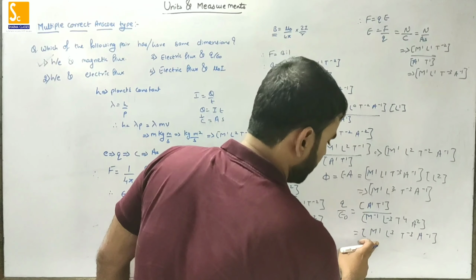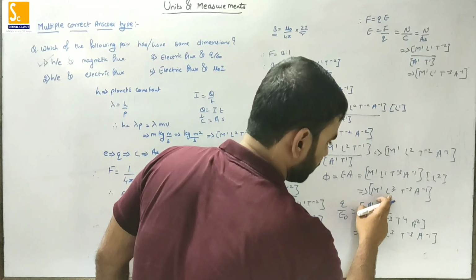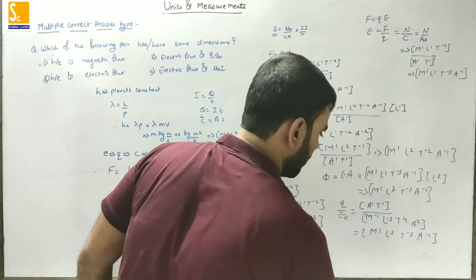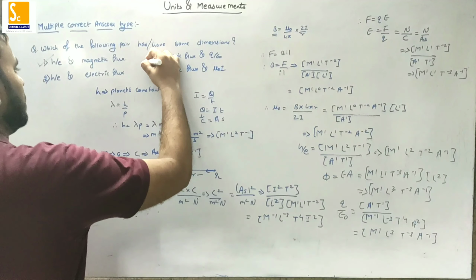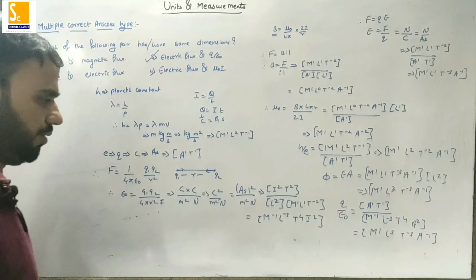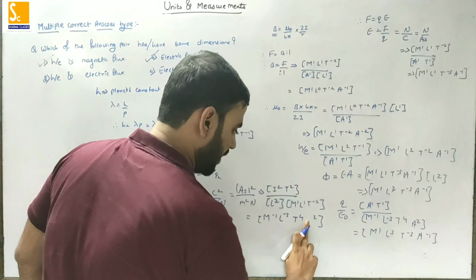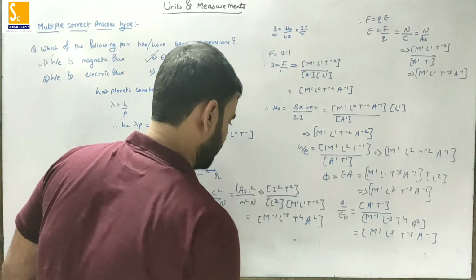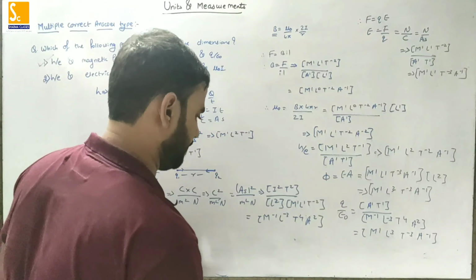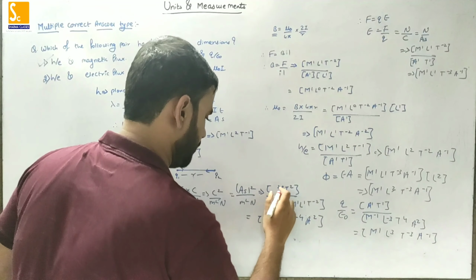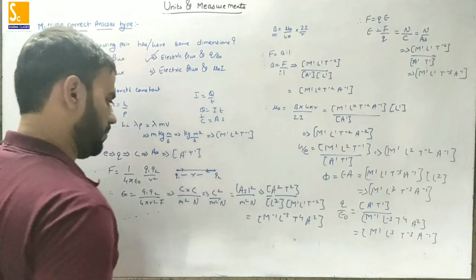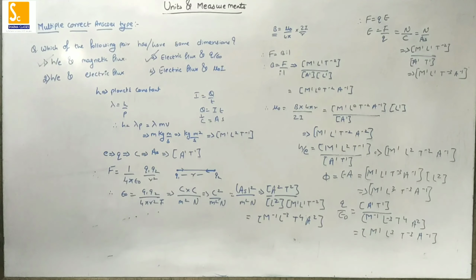So when you look at this part, M raised to 1 L raised to 3 T raised to minus 3 and A raised to minus 1. So option third is also correct. Instead of I, I will write A over here. Fine, so option third is correct.